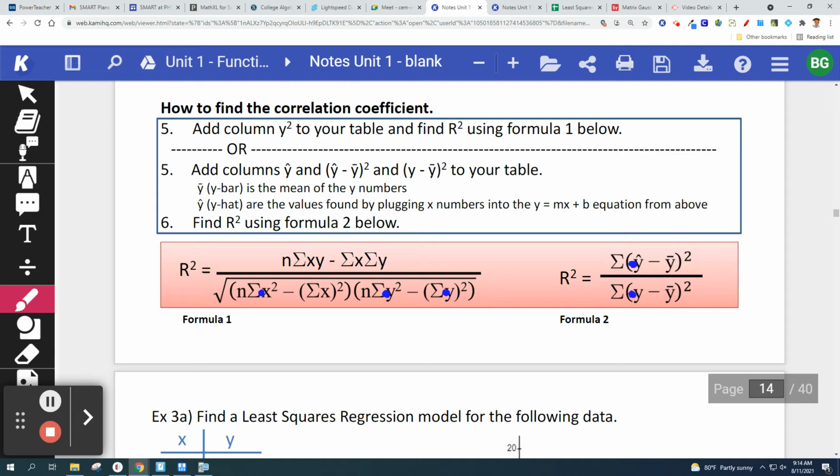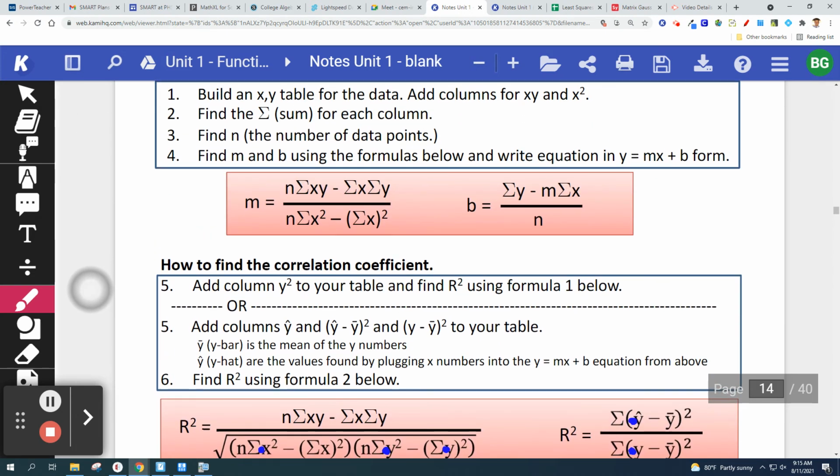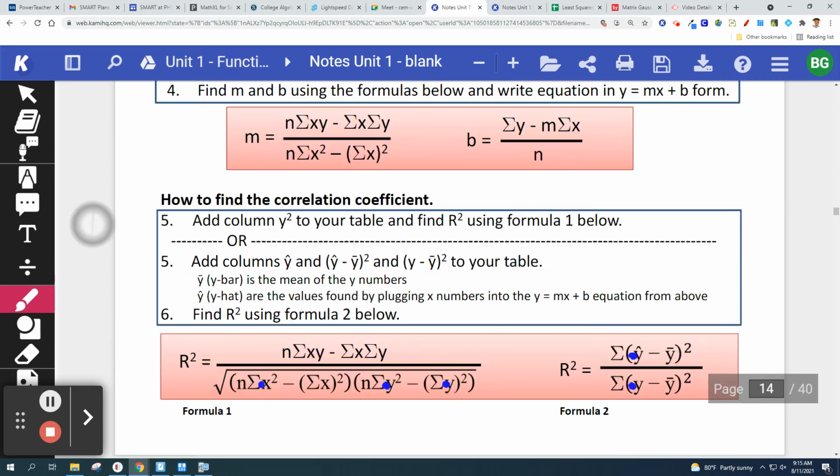Y bar is the average of the Y numbers. Y hat are the values you'd get by plugging in X numbers. Basically Y hat is when you plug in each of the X numbers into the equation that you would have found up here, your number 4, your regression equation.